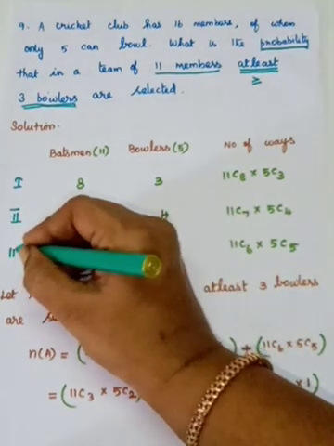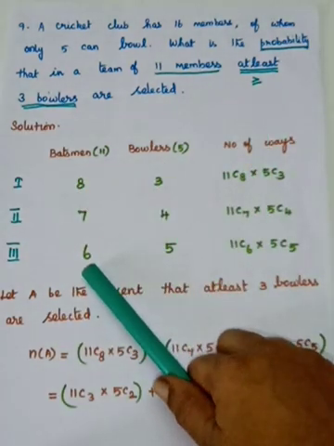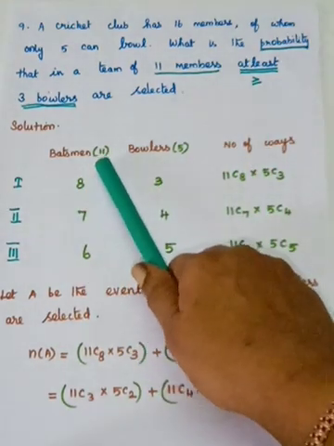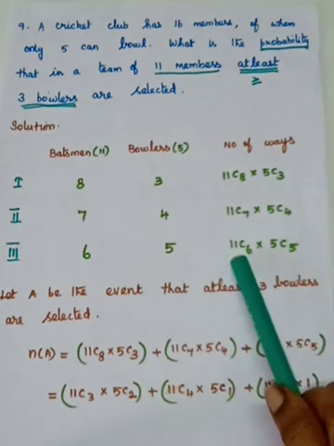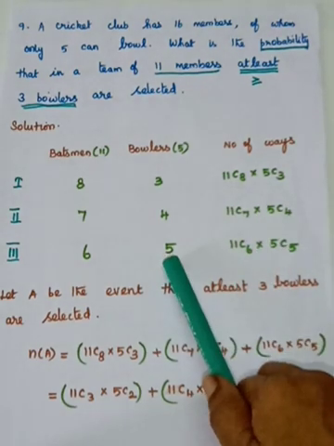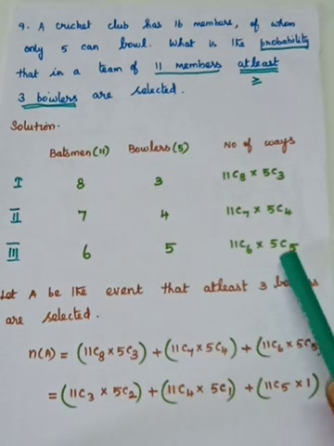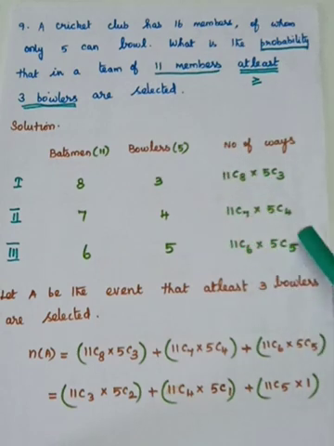Or we can go for the third case. 6 batsmen have to be selected from 11 batsmen, so it can be done in 11C6 into 5C5, so all the 5 bowlers we can select. So these are the number of ways in the 3 cases.